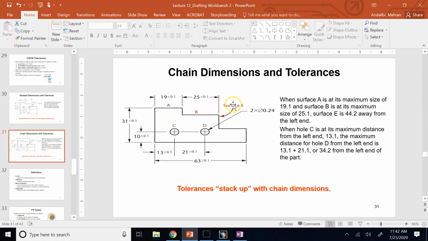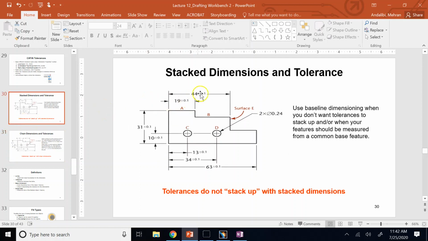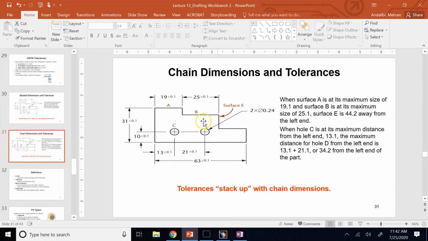Yes? Because each one is referred to the previous one, instead of each one being referred to the same reference. So if you make these two bigger, each one of them 0.1 bigger, by leaving off the last part of the chain and showing the overall size of the chain, what are you telling the manufacturer to do?